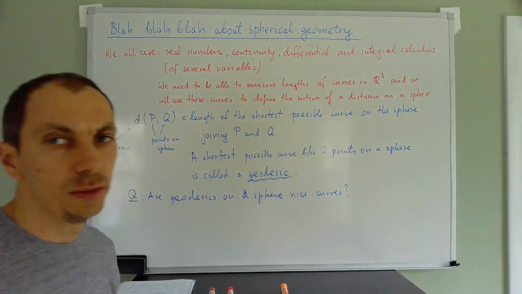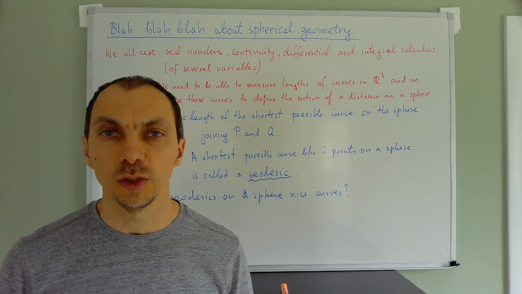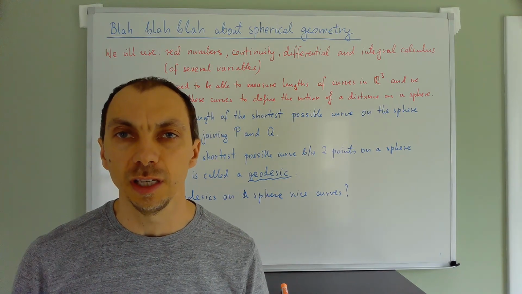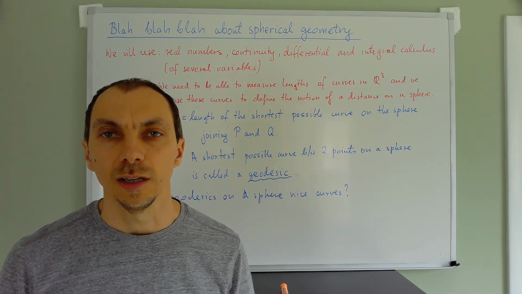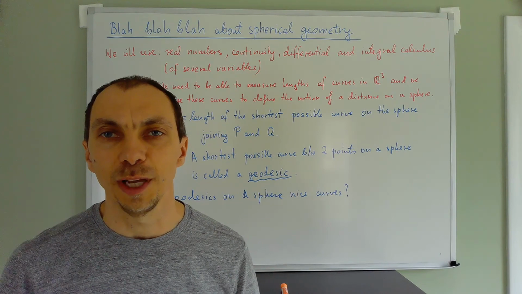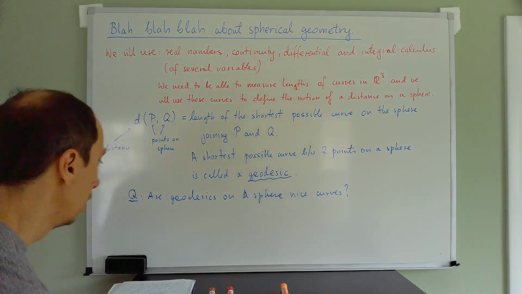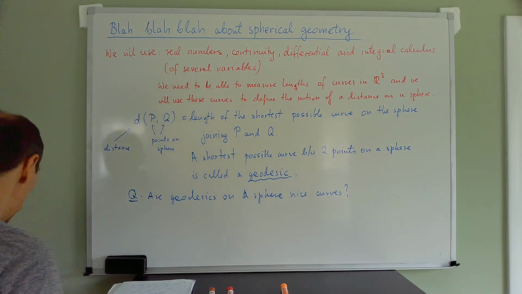What do I mean by that question? That means given any 2 points, is there actually a nice way to determine what the geodesic between these 2 points is? And you will see that the answer is yes. Okay? Let's be a little patient and you'll see in the lecture when we actually talk about it what the answer to this question is.